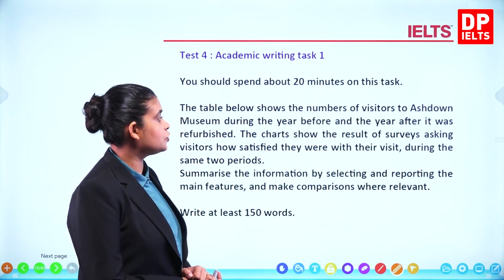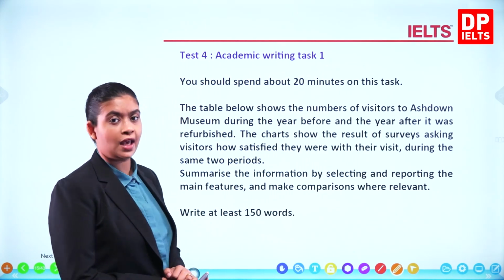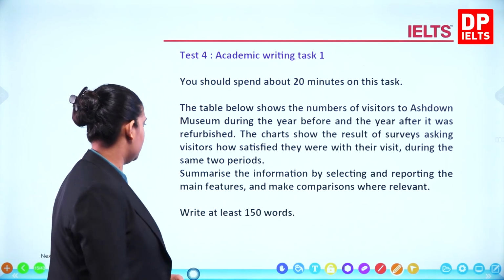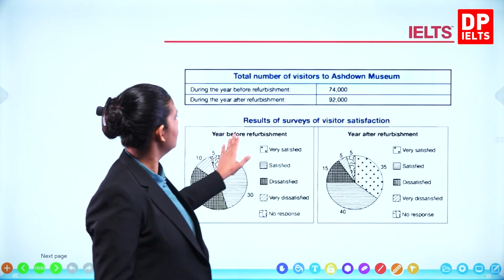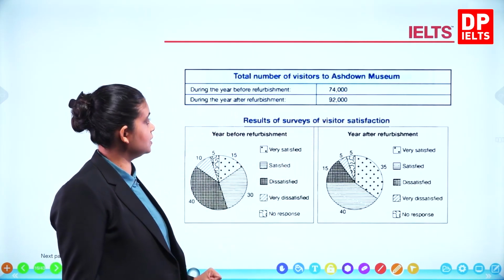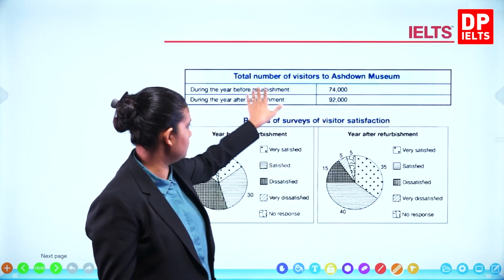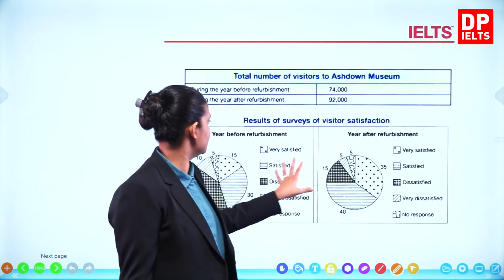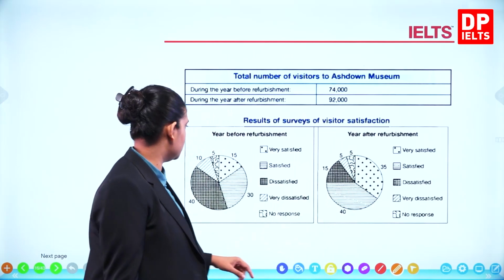The charts show the result of surveys asking visitors how satisfied they were with their visit during the same 2 periods. So here you go. During the year before refurbishment, there was a total number of 74,000 visitors. During the year after refurbishment, it was 92,000. So before and after. Now the results of the surveys, it was before refurbishment and it was after refurbishment.